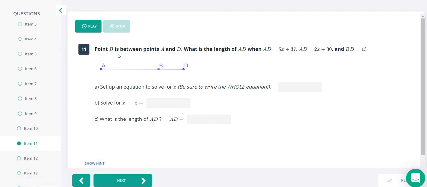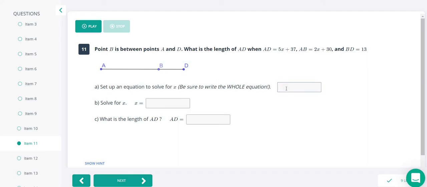All right, number 11. So point B right here is between A and D. What is the length of AD, so the whole thing, when AD equals 5x plus 37, AB equals 2x plus 30, and BD equals 13. Okay, so like I said before, the two parts added together equal the whole.